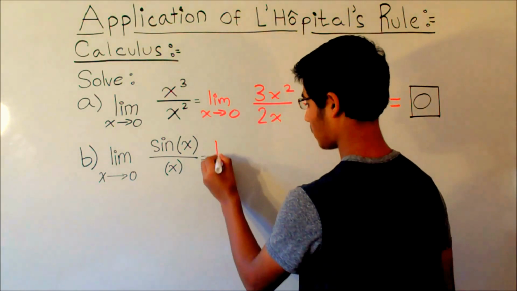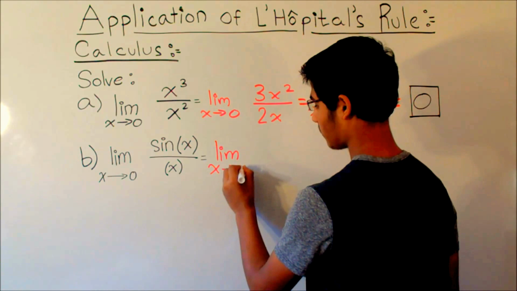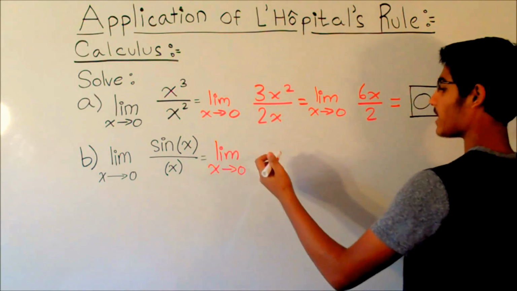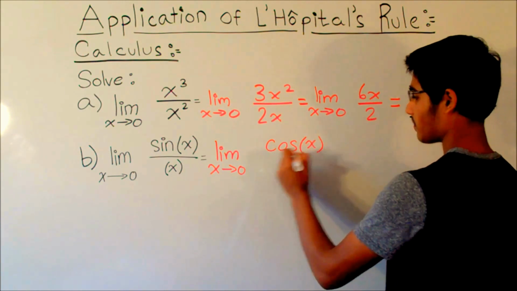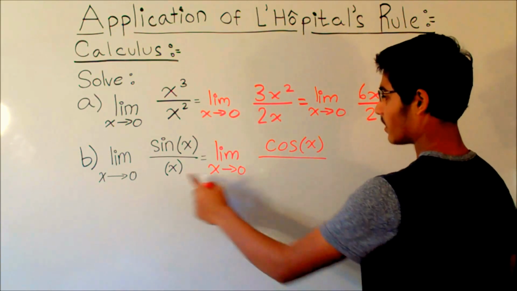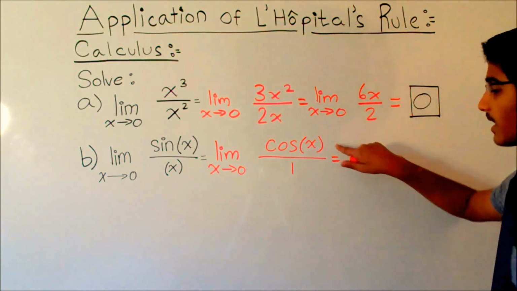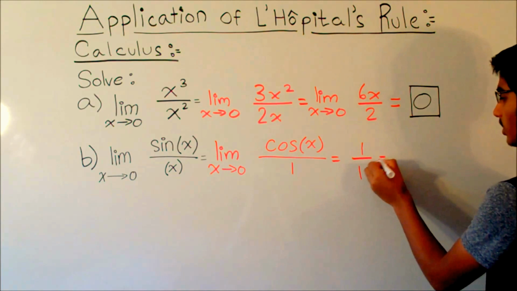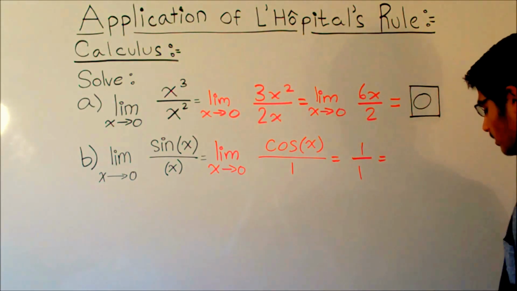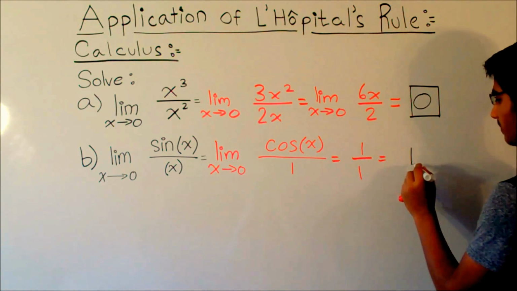This is equal to the limit as x approaches 0 of the derivative of sine of x, which is cosine of x, over the derivative of x, which is 1. When we plug in our values, we have cosine of 0, which is 1, over 1, which is equal to 1.